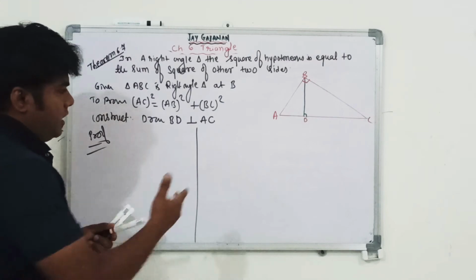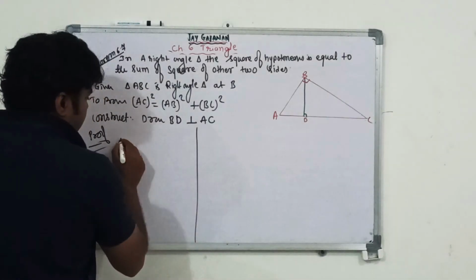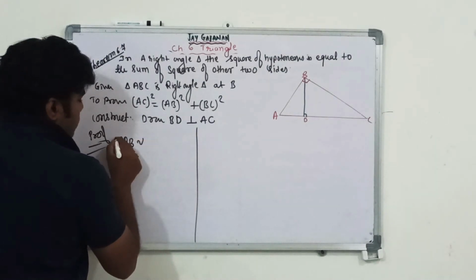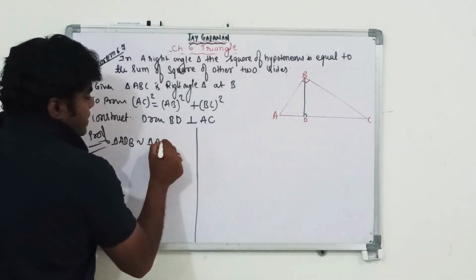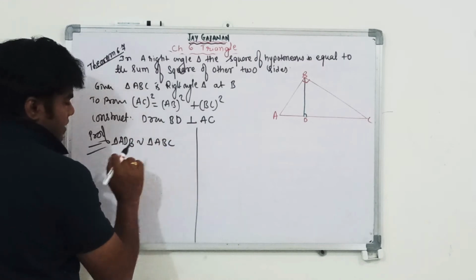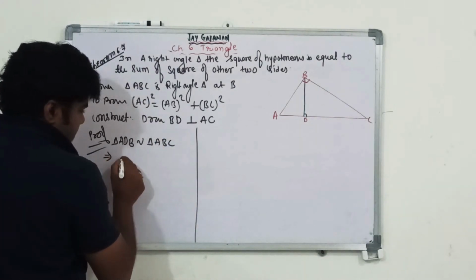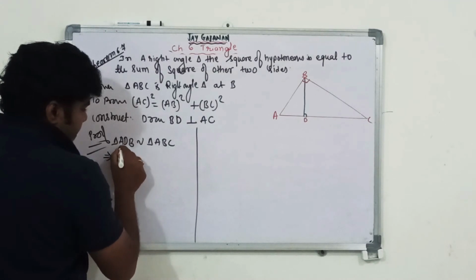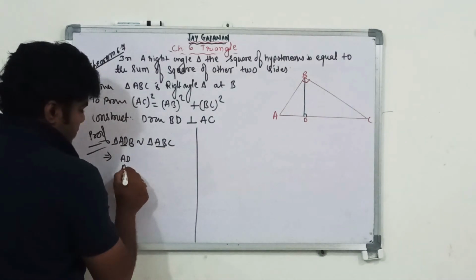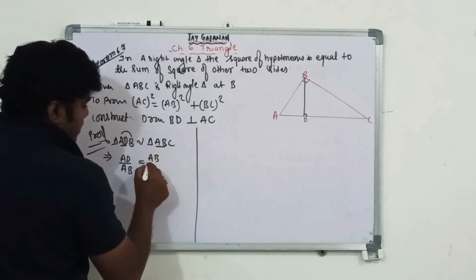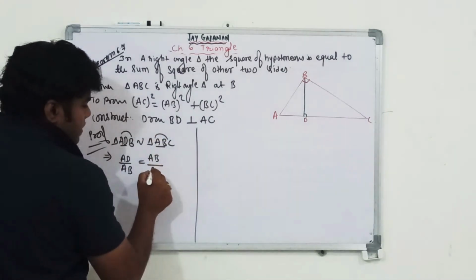I have just told you the property. So by property, triangle ADB is similar to triangle ABC, and since they are similar, this implies AD upon AB is equal to AB upon AC. Correct?